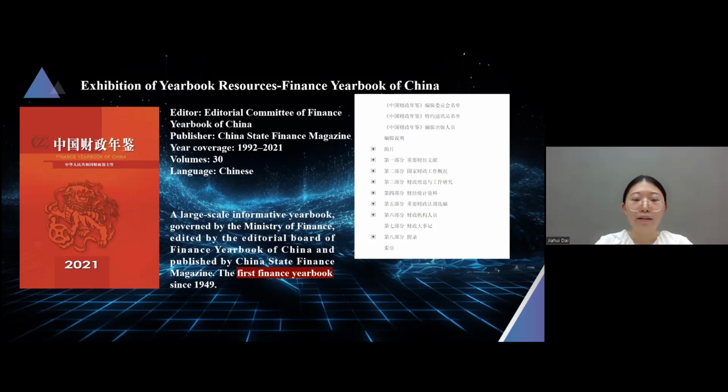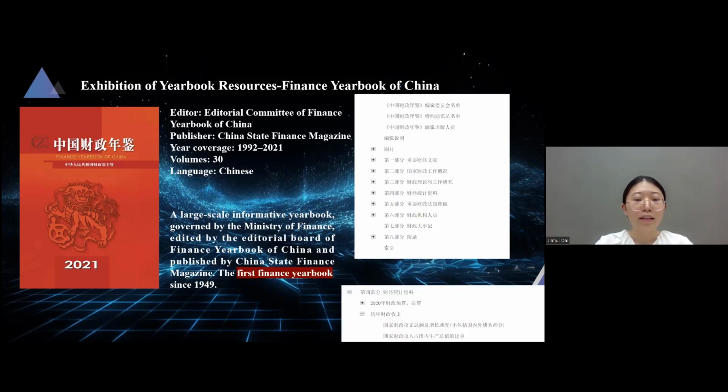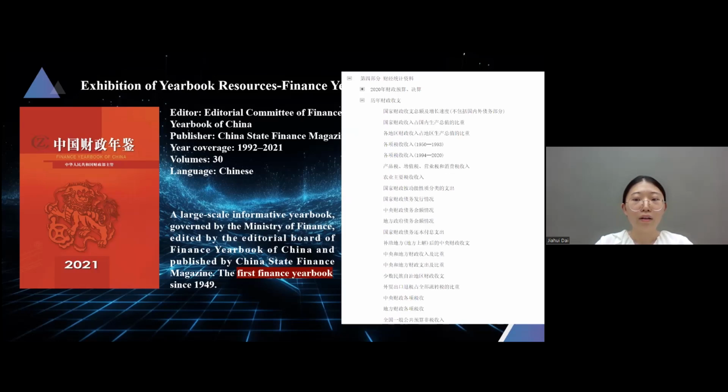It comprehensively and systematically reflects annual financial work and important information of China, covering the general situation of national financial work, financial statistics, and selection of important financial laws and regulations.